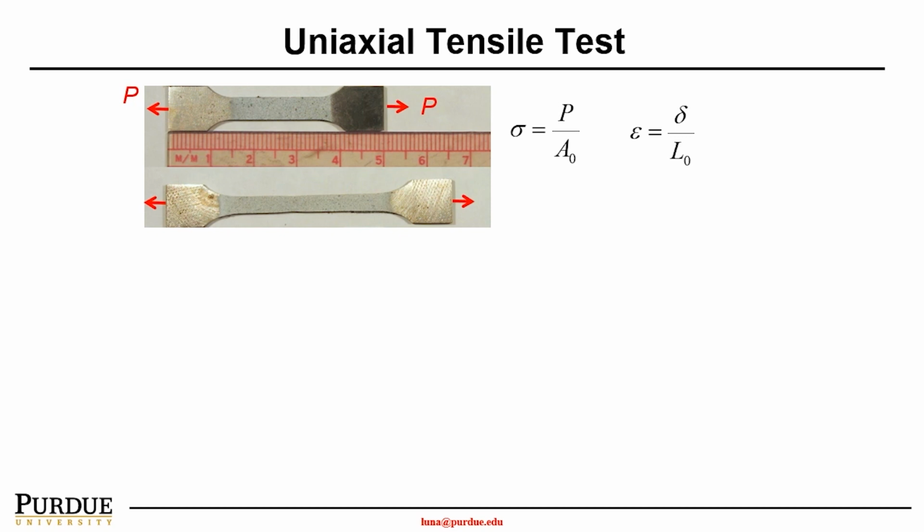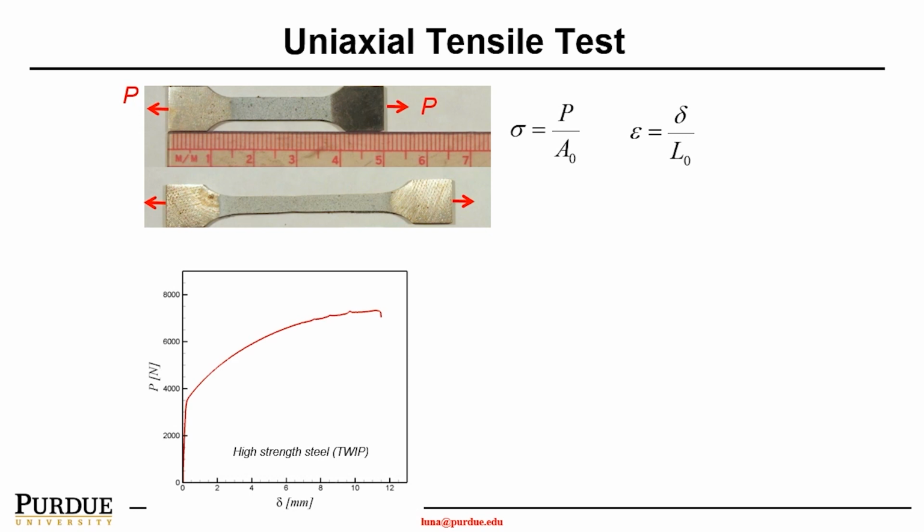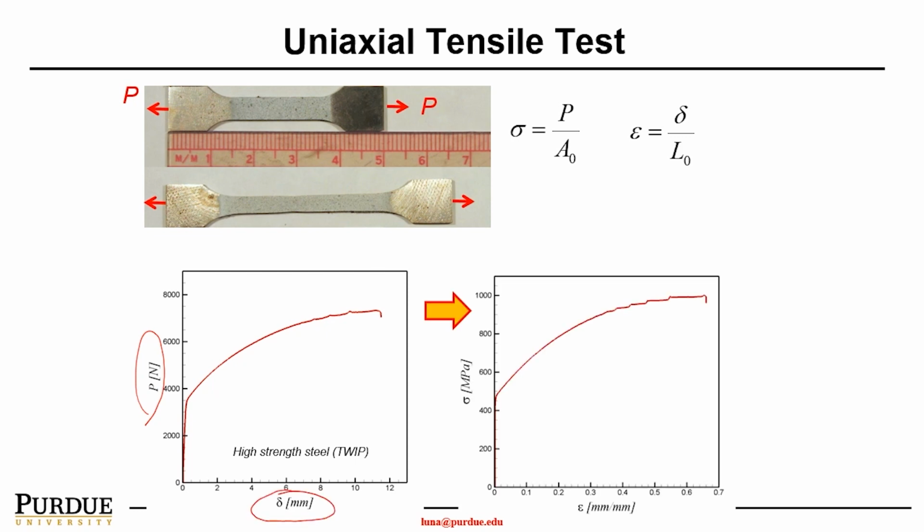To describe a material property, in this case I will use high strength steel as an example, as shown in the figure here. You could describe the material property as load versus deformation, or you could describe the material by using the stress over strain curve.